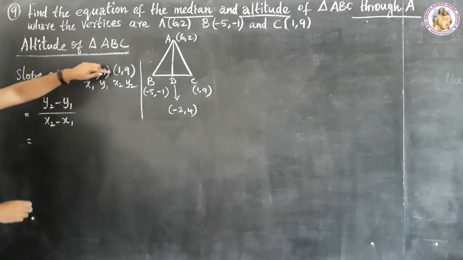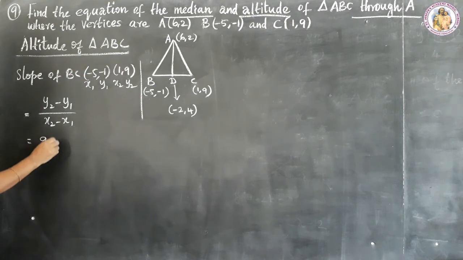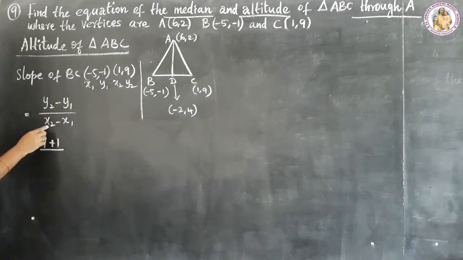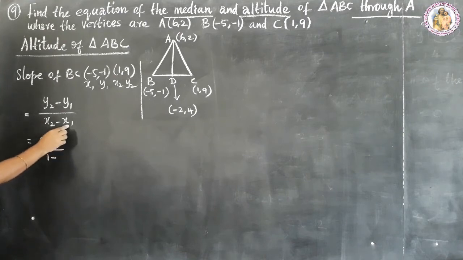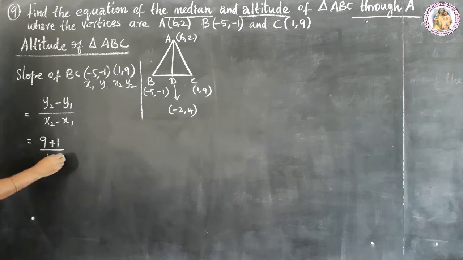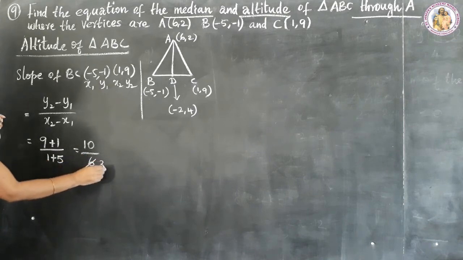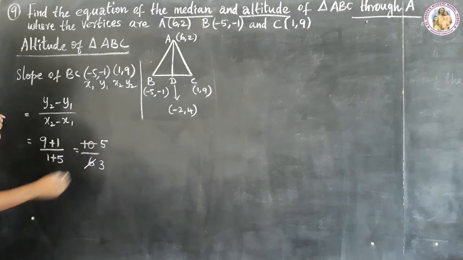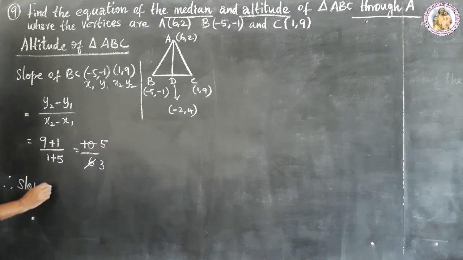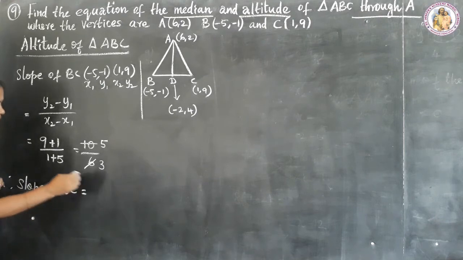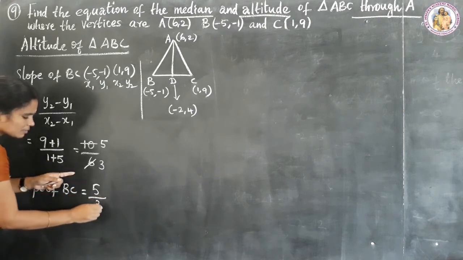Substituting, 9 minus (-1) becomes plus 1, divided by 1 minus (-5), which becomes plus 5. So 9 plus 1 is 10, divided by 5 plus 1 is 6. Two threes are 6, two fives are 10. Therefore the slope of BC is equal to 5 by 3.